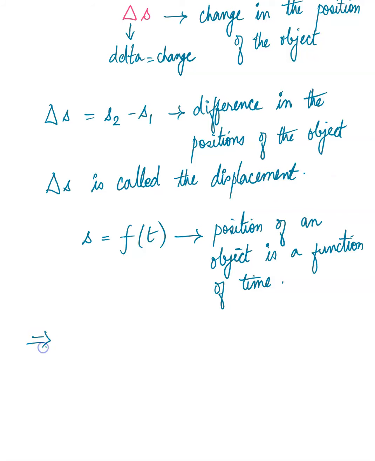So if you took the first derivative, s prime, which is the same as f prime of t, you know that that is the first derivative if you use the interpretation of the symbol. But we also know that the first derivative here would just mean the rate of change of the position with respect to time.